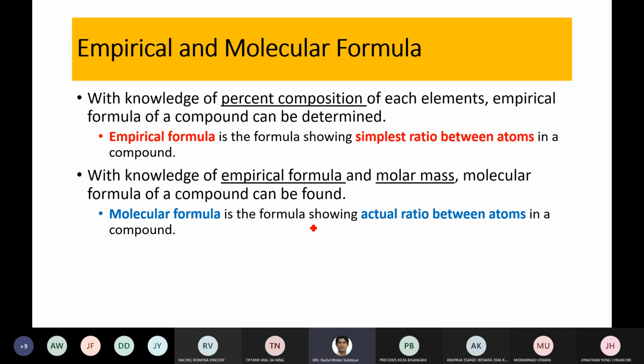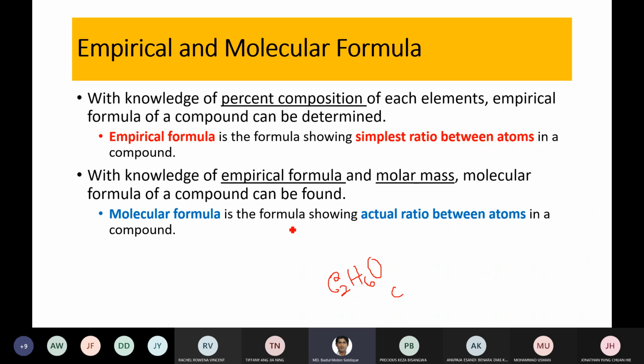Empirical formula is the simplest ratio of atoms in a compound, just like this C2H6O we have seen. It is not necessarily that it has to be CH3CH2OH, right?